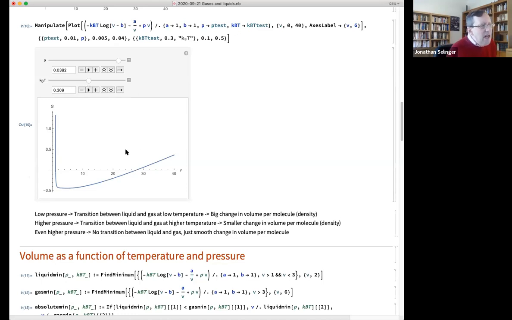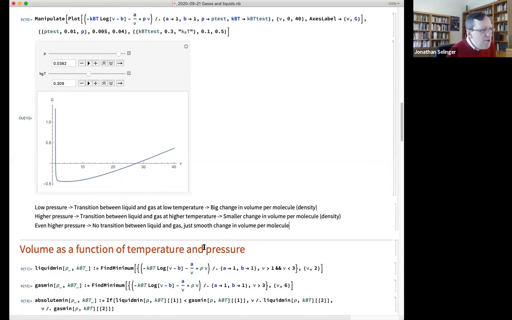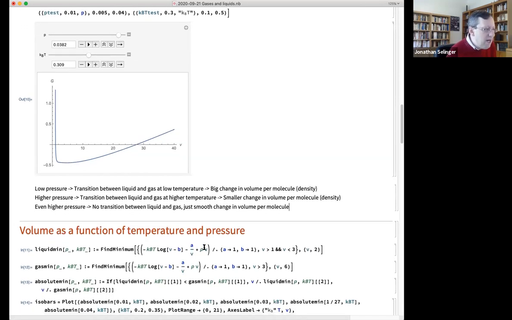So let's suppose we wanted to summarize these results by making plots of what happens to the volume as a function of temperature for different pressures, okay?